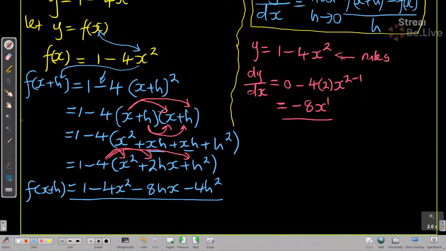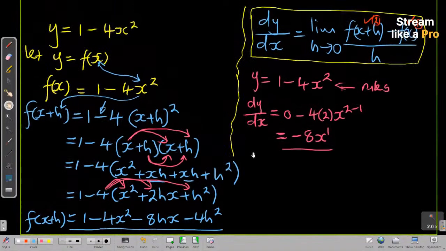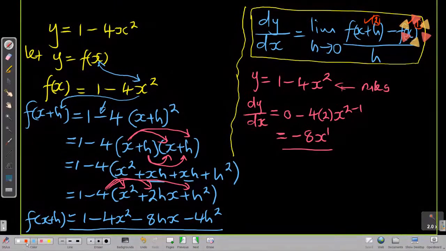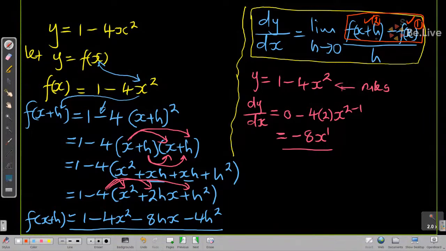Okay, so if I go to my formula here, what I have now is this top part. I've got the f of x plus h, I've got the minus f of x. So I'm going to write it as is, encircled there in the red mark.